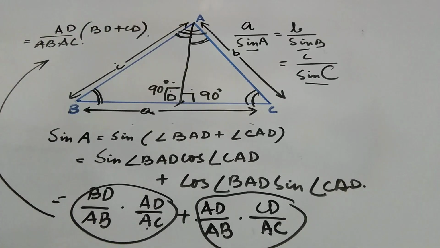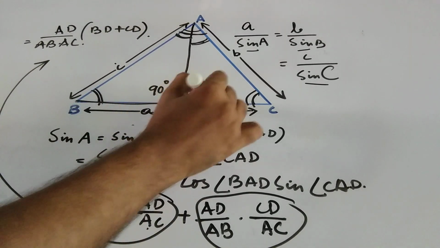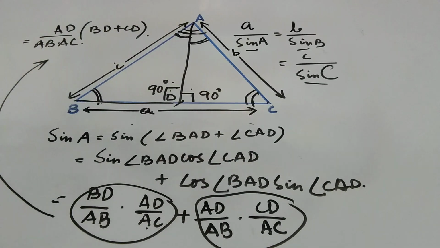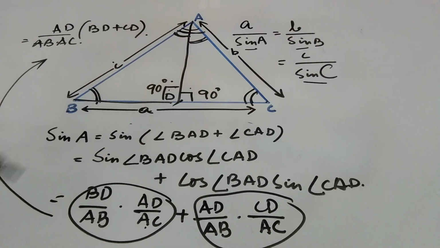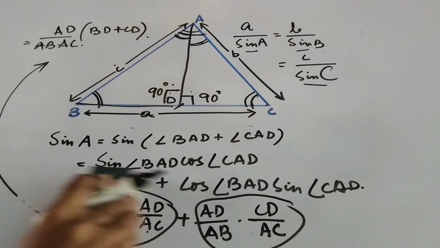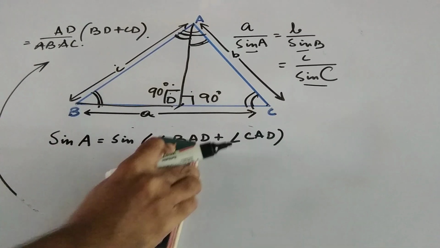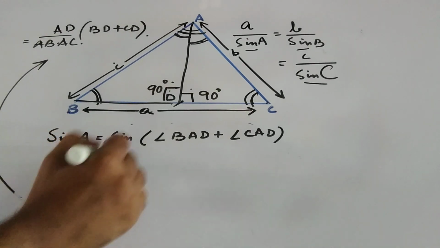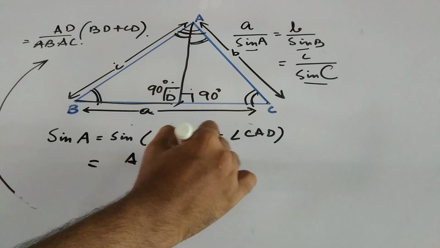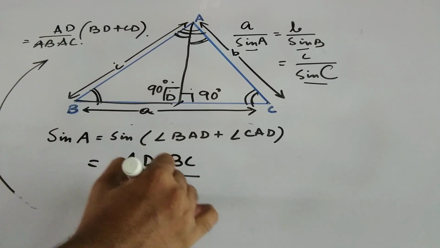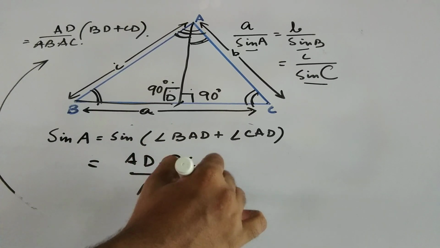Right? Now what is BD plus CD? BD plus CD is nothing but BC. That means the entire expression is getting reduced to sin A equals AD into BC, since BD plus CD is BC, divided by AB into AC.